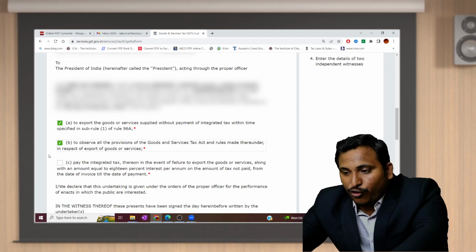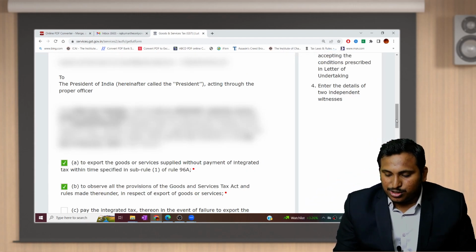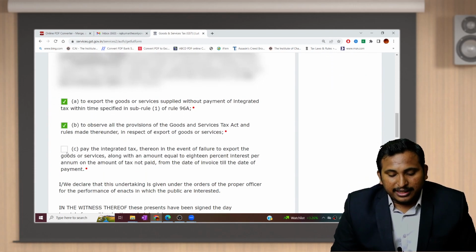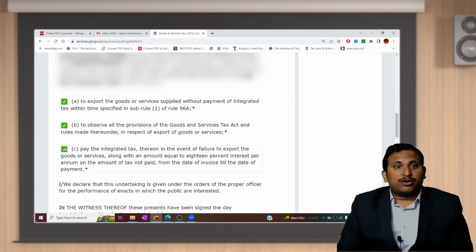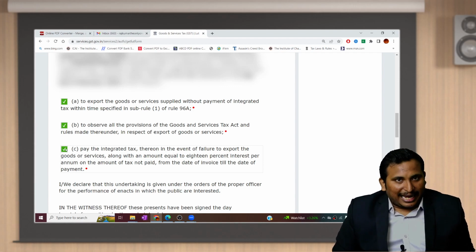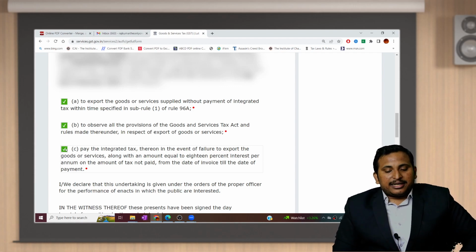That means you should comply with all the rules and regulations given for exports.